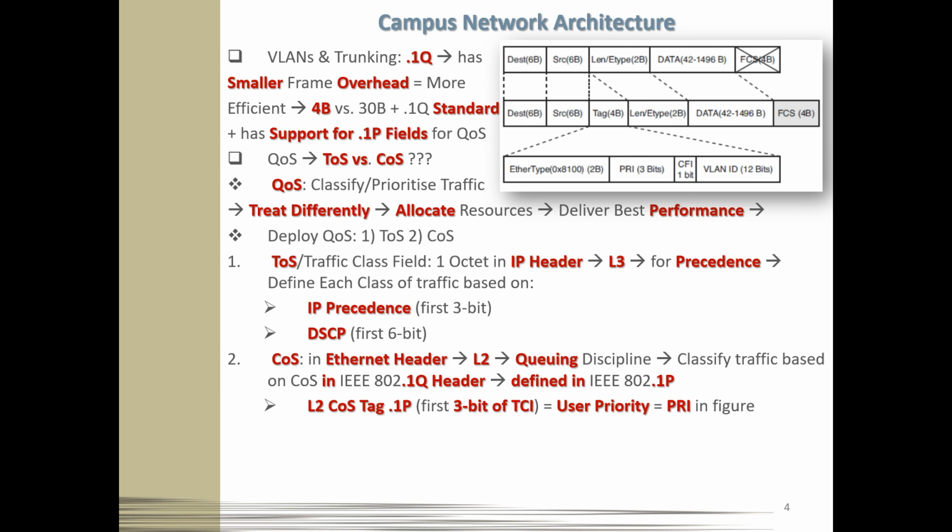It acts as another place for us to mark frames in order to implement a quality of service policy. So with IP precedence as well as DSCP, we mark packets in order to implement a QoS policy. Here we mark frames using CoS, 802.1p within the 802.1Q header, in order to implement a QoS policy.